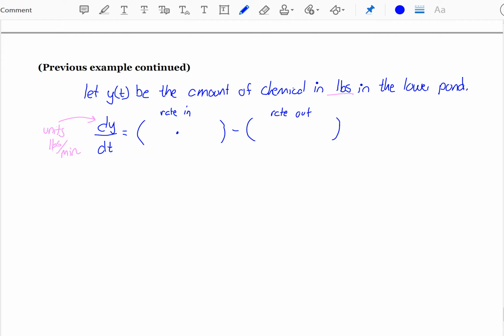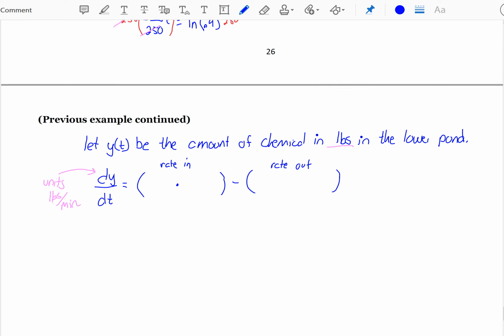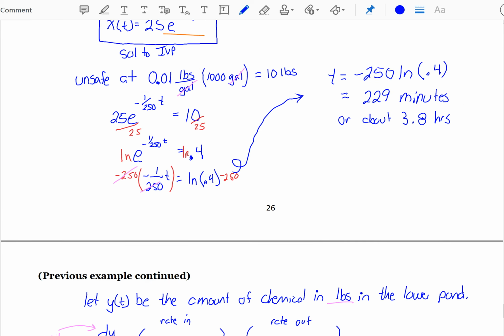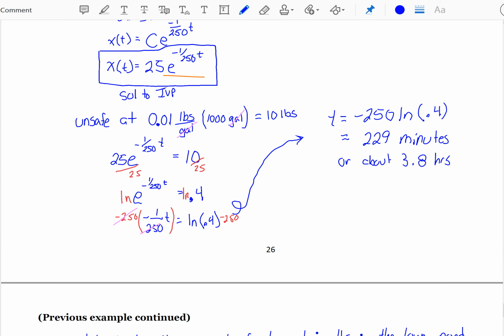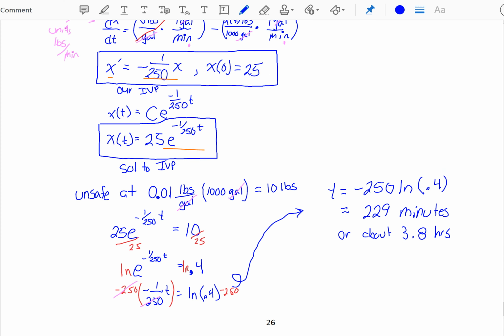And let's think about the rate in. Whatever's coming into the second pond came out of the first pond. But what's in the first pond is always changing. But notice that we found how it changes here.